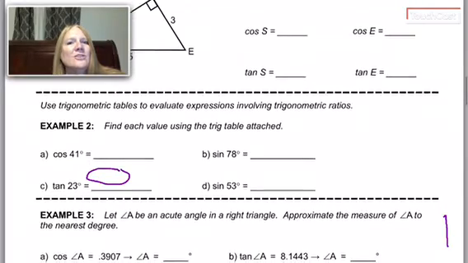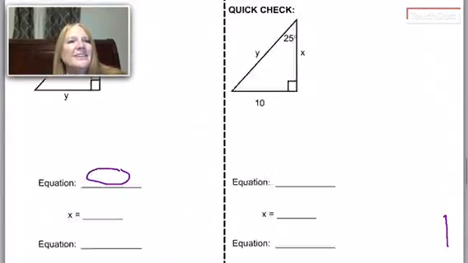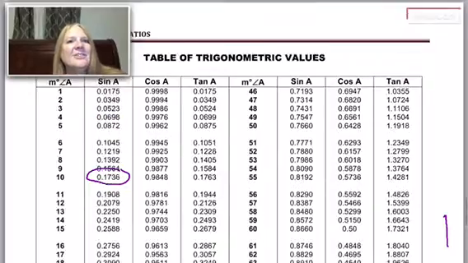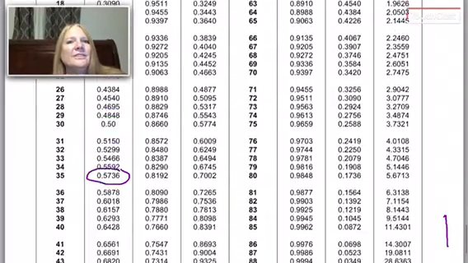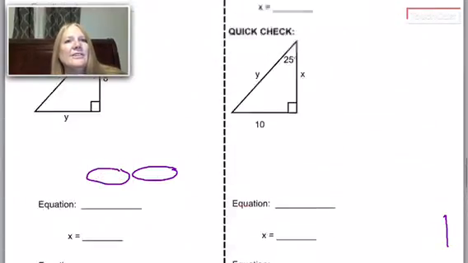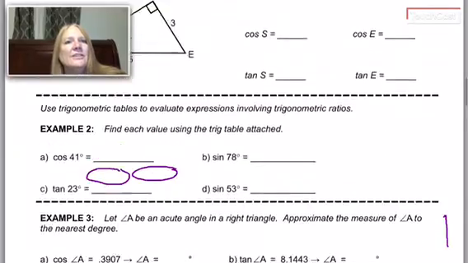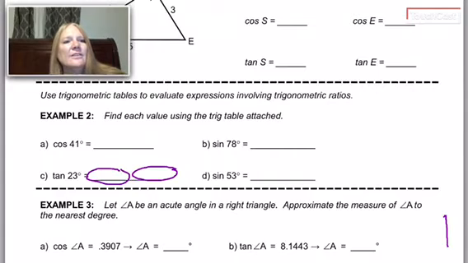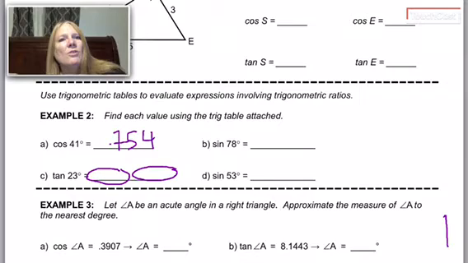Oh, sorry, cosine of 41. Let me go back. Not sine. Cosine is the middle one. So the cosine of 41 is 0.7547.